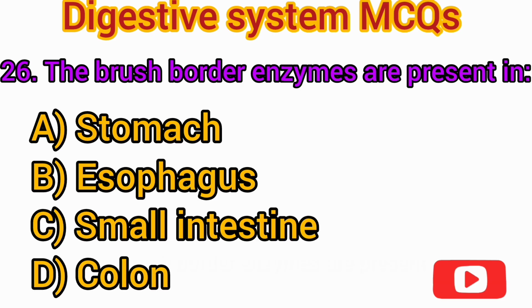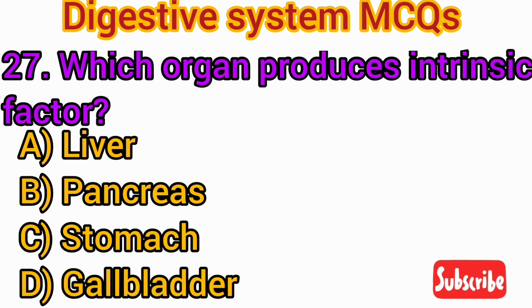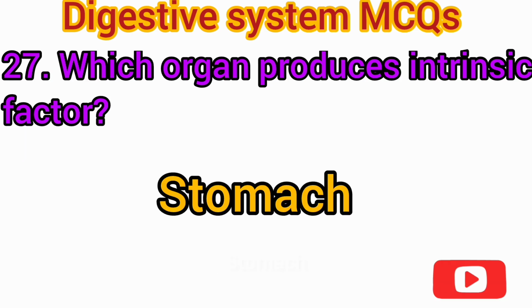The brush border enzymes are present in... small intestine. Which organ produces intrinsic factor? Stomach.